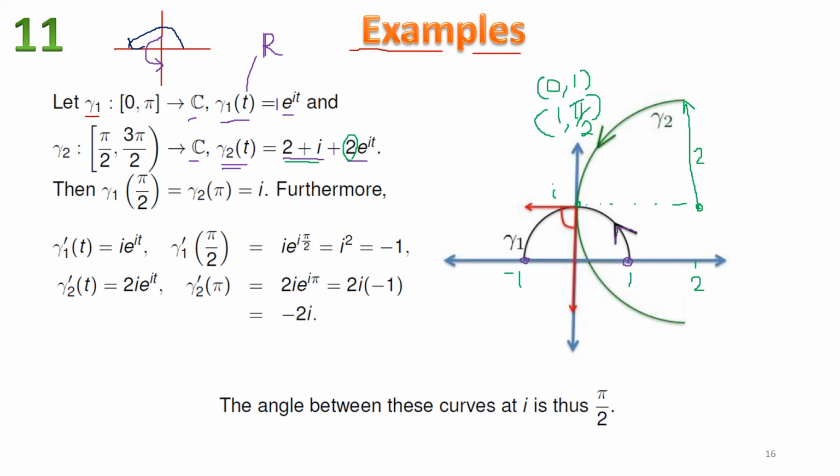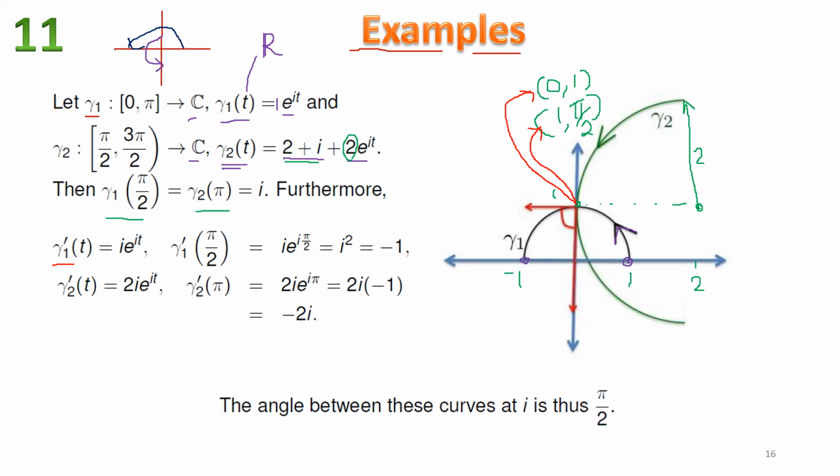Now gamma 1 at pi by 2 is equal to gamma 2 at pi, equal to i, which is in fact this coordinate. So this coordinate is one and the same thing represented in two notations. Now the derivative of gamma 1, that is gamma 1 dash, of e to the power it will be i times e to the power t.